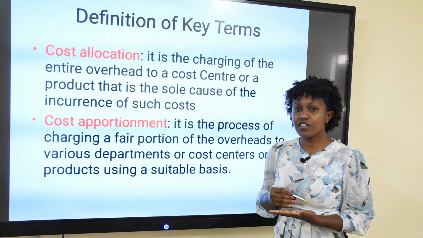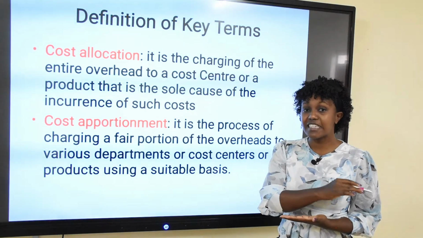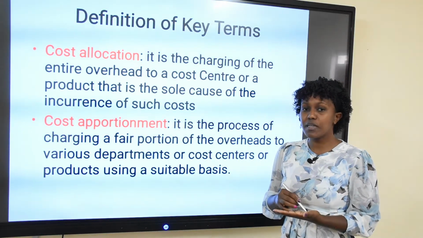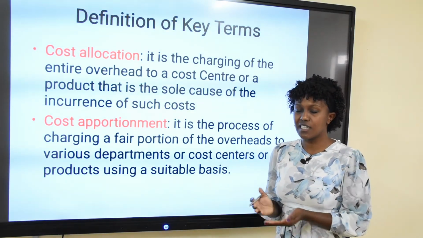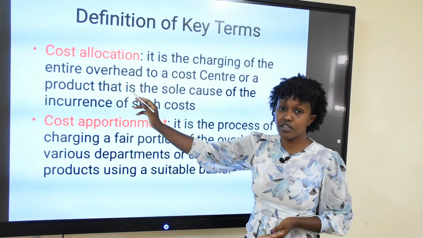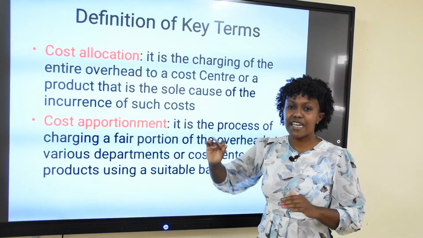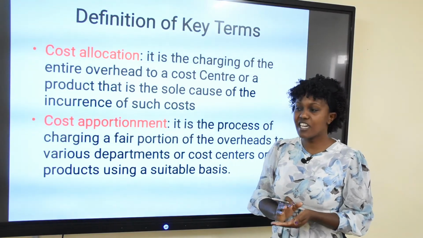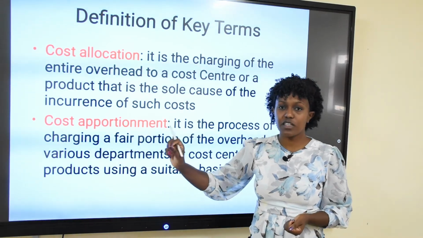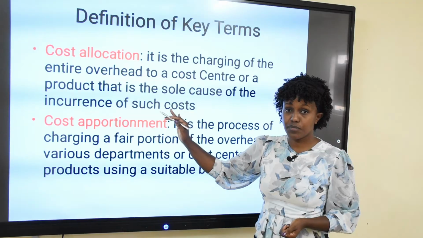And you know that this cost, which is factory insurance, cannot be charged to selling, it cannot be charged to accounting. It is going to simply and specifically be allocated to the manufacturing department, which is now the factory. So when you talk about cost allocation, is where you take the entire overhead and charge it to a certain department or to a certain segment or to a certain section that is known to incur that cost.